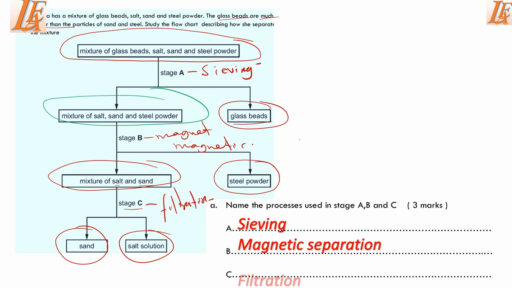Then stage C, in this case, you do what we call filtration. You put water in the mixture, salt will dissolve, sand will not dissolve, and then you do filtration. So that's how Mwaka separated the mixture of glass beads, salt, sand, and steel powder.